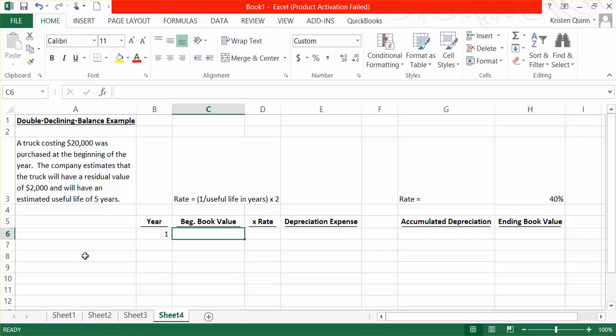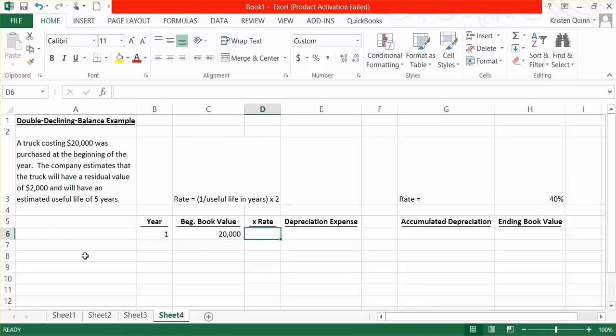So when we're looking for beginning book value, we're looking for the initial cost minus the balance in the accumulated depreciation at the start of that year. Well, we bought the truck on this January 1st, and on January 1st, there was no accumulated depreciation. So that means our beginning book value in year 1 is just the initial cost of the asset.